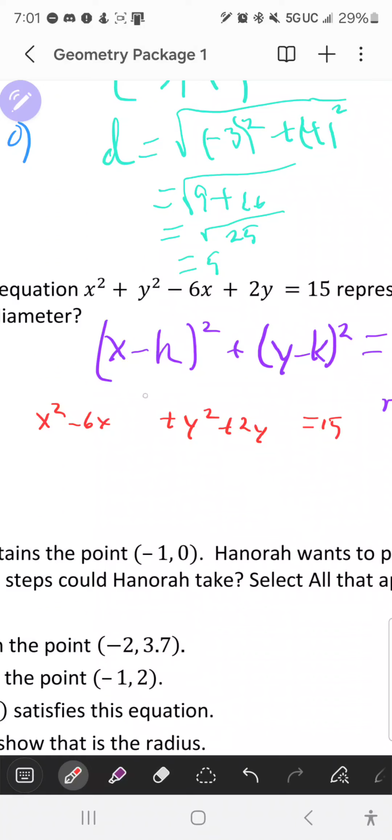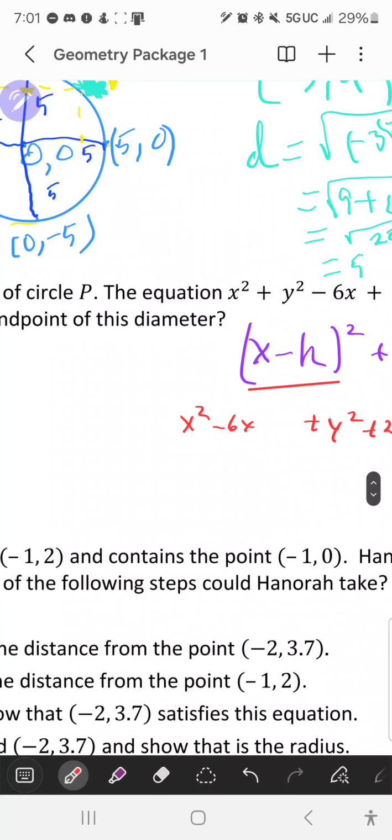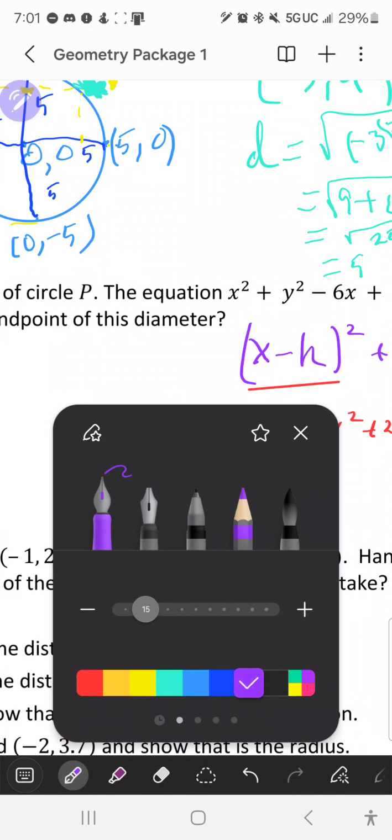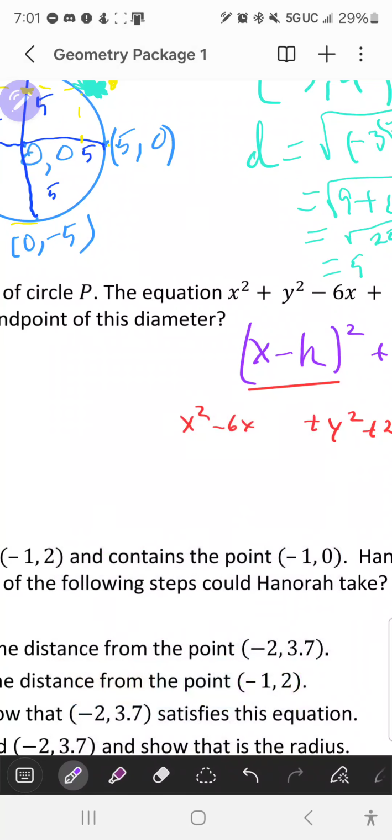Now we're missing something here. As you can see, we want the whole thing squared instead of a big equation. So what we are going to do, every time we see this, is very important: we divide the middle number by 2, in this case 6, and we square it. So 6 divided by 2 is 3, and 3 squared is going to be 9.